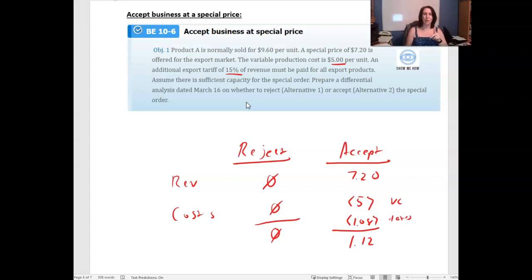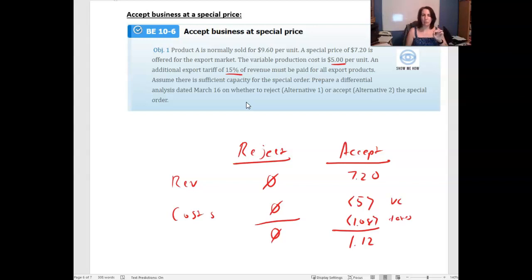Overall, the thought process here, and you're going to want to remember this for your homework, is that even if you're making a penny beyond your variable costs, you should be accepting the offer. So what does that mean? You've got variable costs of $6.08 here. I know it doesn't really work with taxes, but let's say $6.08.